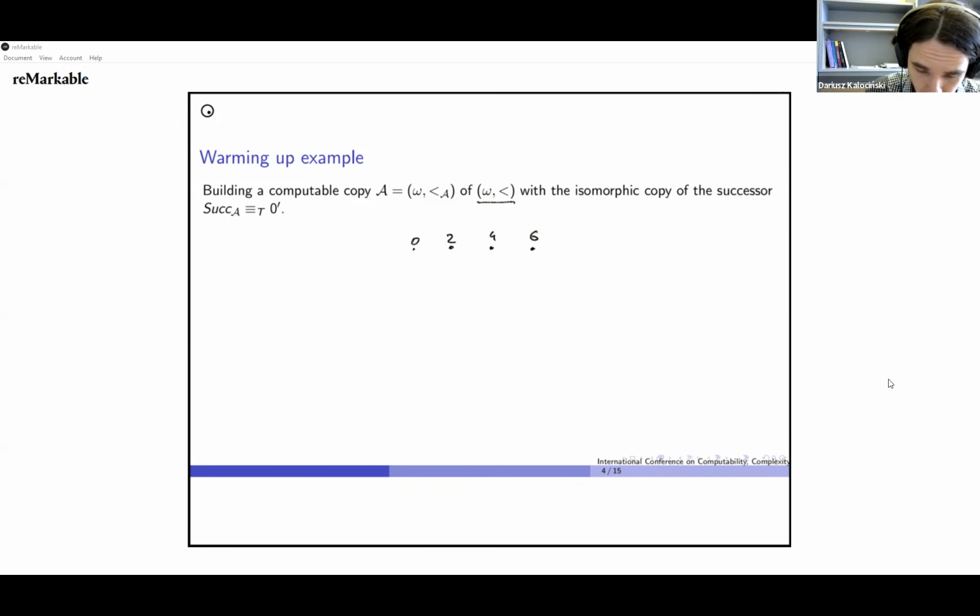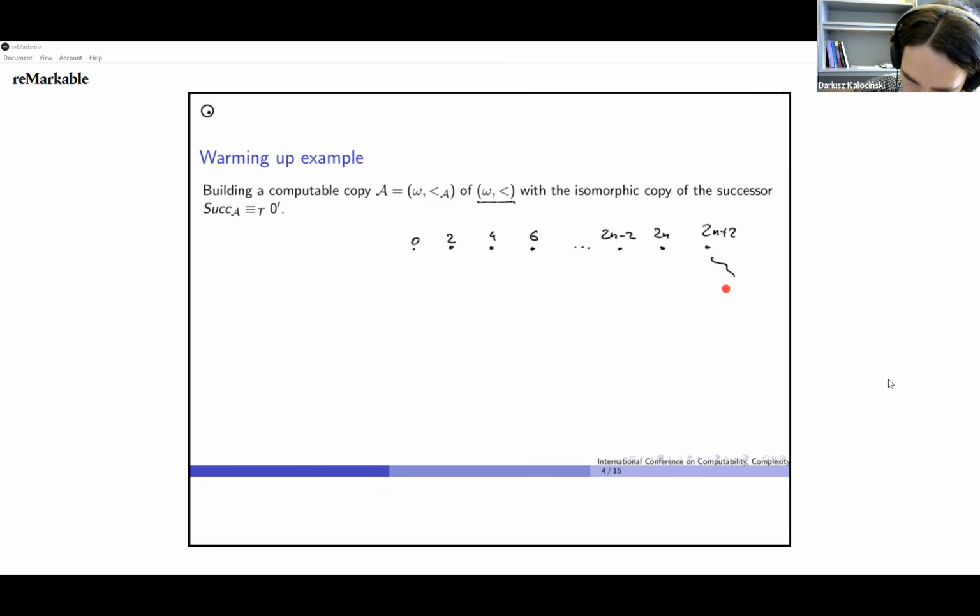We can start with even numbers. For each number of the form 2n, these numbers are standardly ordered, but these are only even numbers.